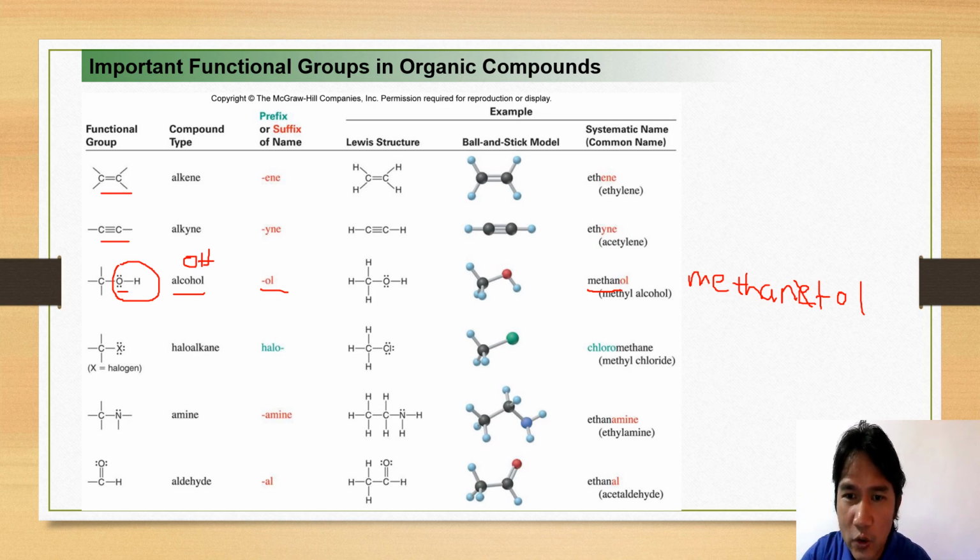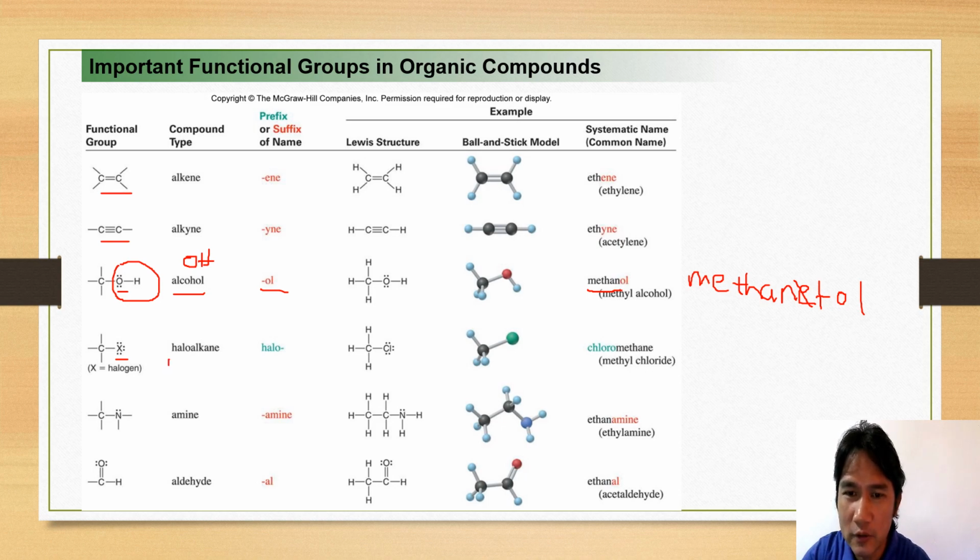Next is haloalkane. In a haloalkane, the atom that is attached is called a halogen, represented by X. Halogens are the elements that belong to group number 7.